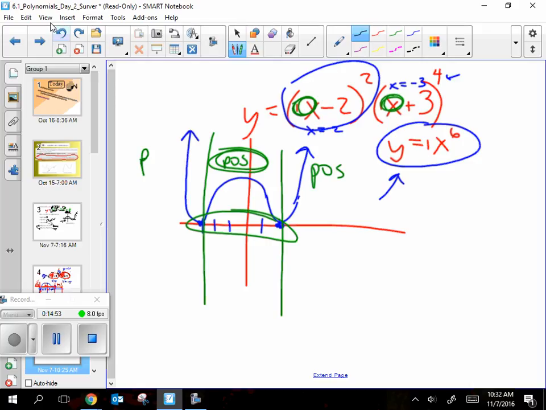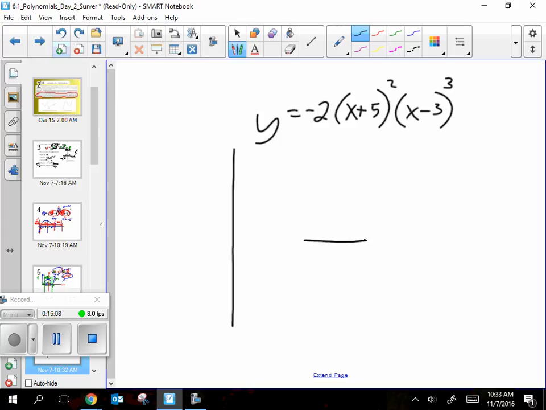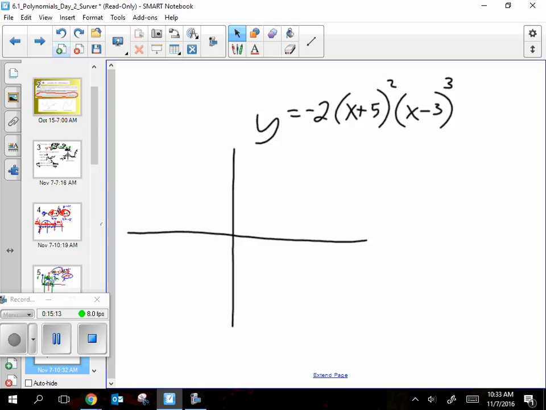Okay. So, one more like that. Let's see if you can do this one. I'm going to throw in a twist. It's not two bounces. It's not a bounce and a cut through. It's a bounce and a snake. And I threw in a -2 in the front of the whole thing.